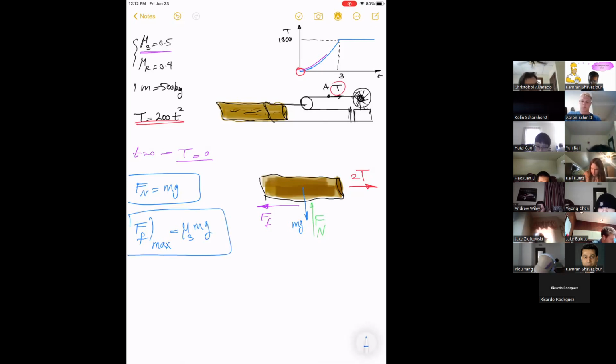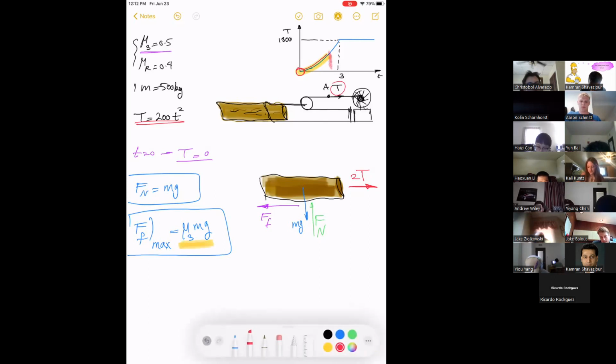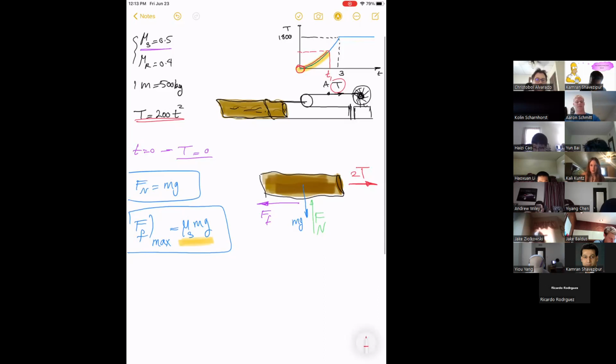You have to create a force larger than this to make it move. Because my force starts from 0, I need to see how much this force is, and when I get to that certain force, there's going to be a time T1 that I reach mu s mg. After that, it starts moving.